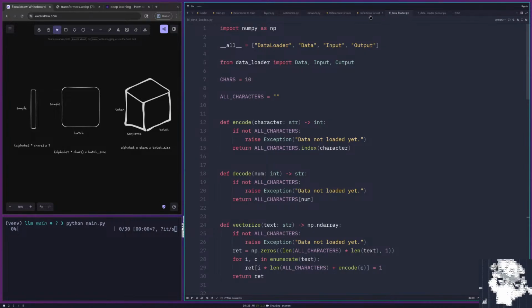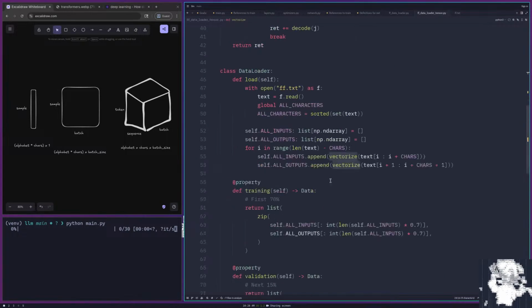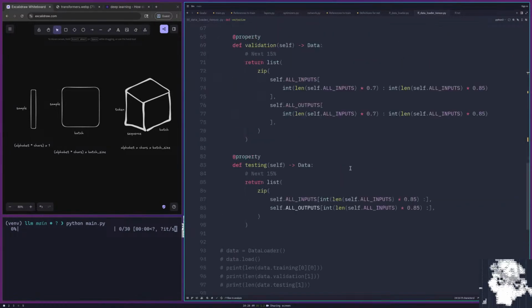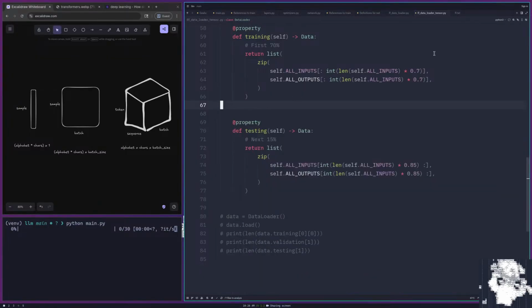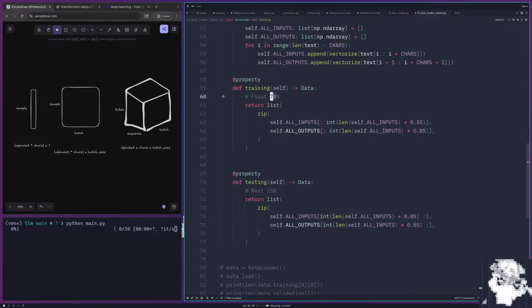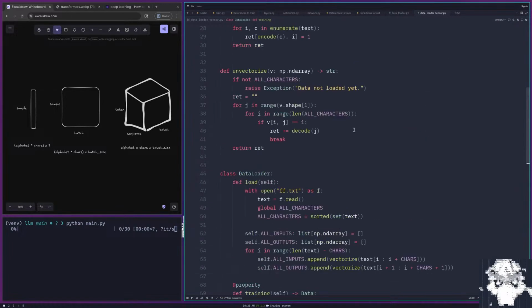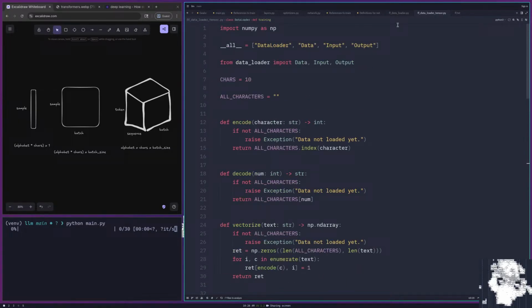And let's do the same over here. No such thing as validation. 85, 85. And for MNIST also.